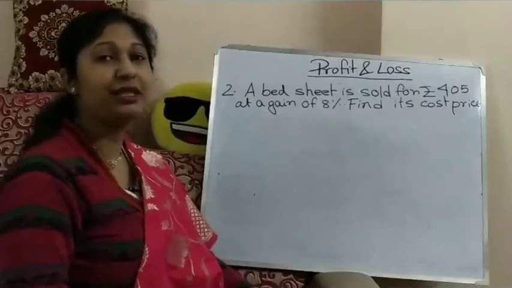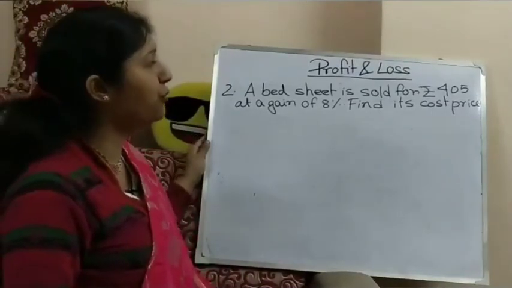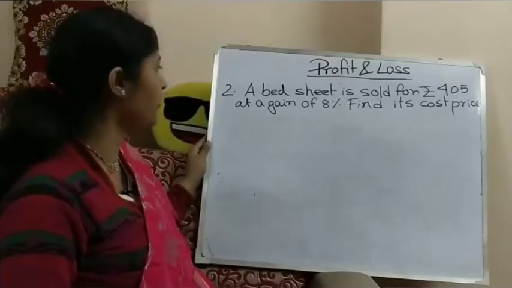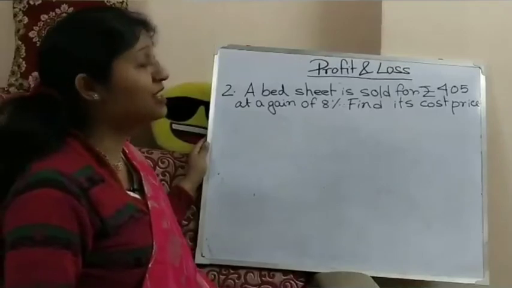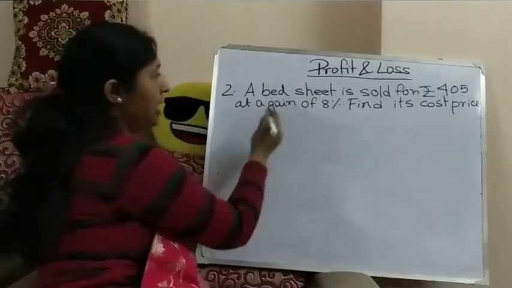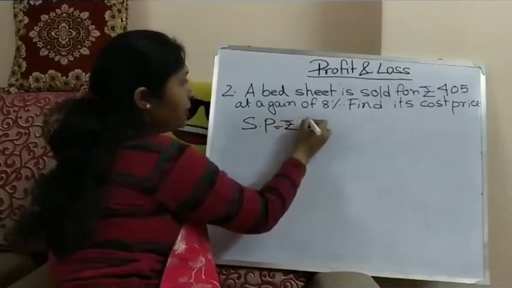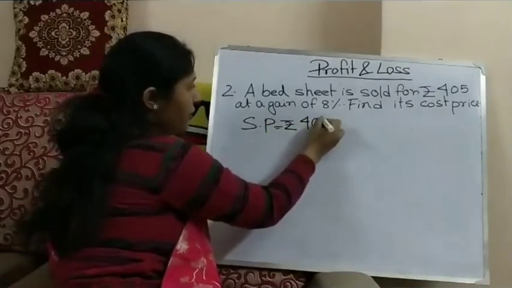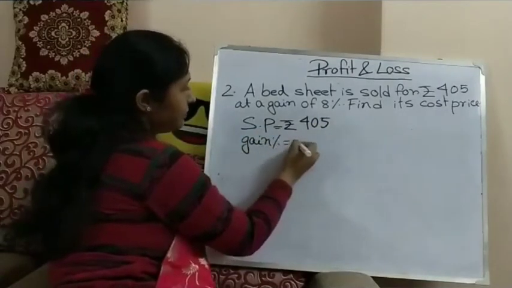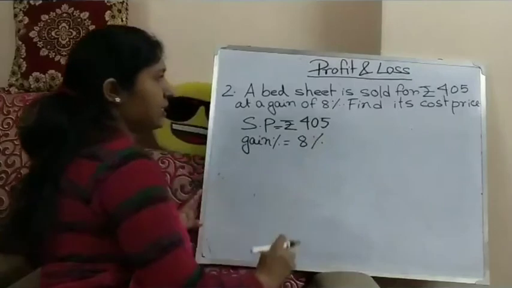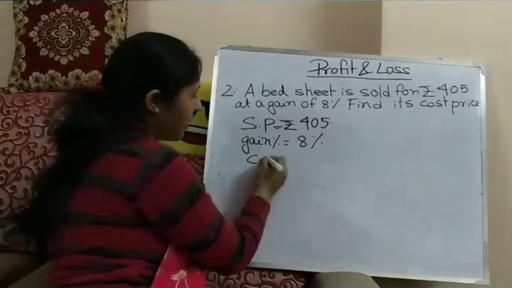Now I will show you the second problem sum: a bed sheet is sold for rupees 405 at a gain of 8%. Find its cost price. So here the selling price is rupees 405 and our gain percentage is 8%. So here we should find the CP.